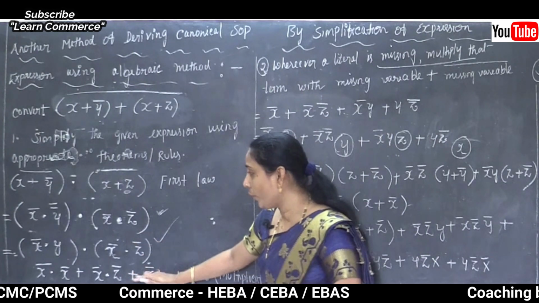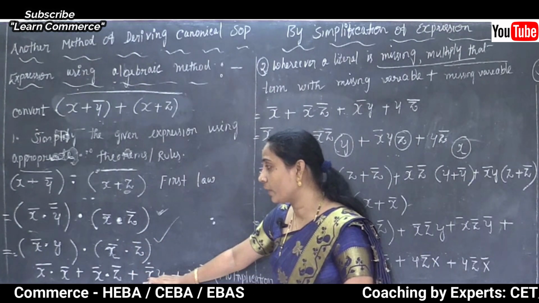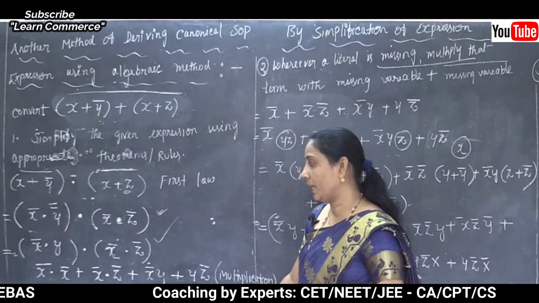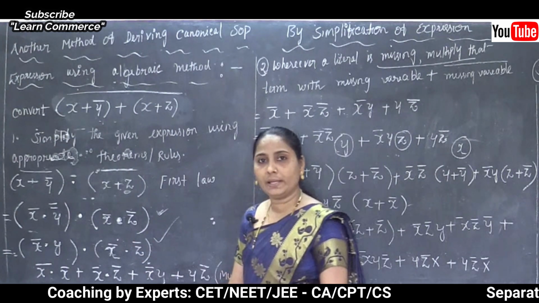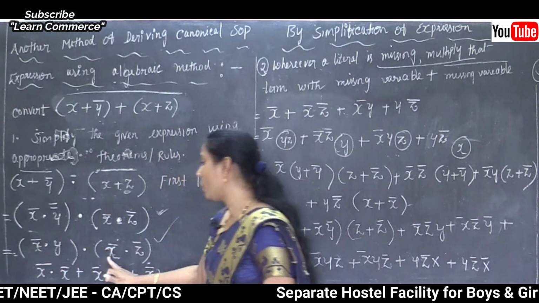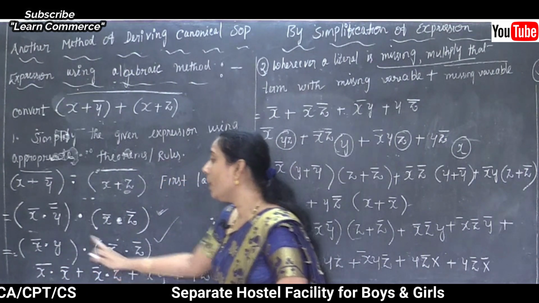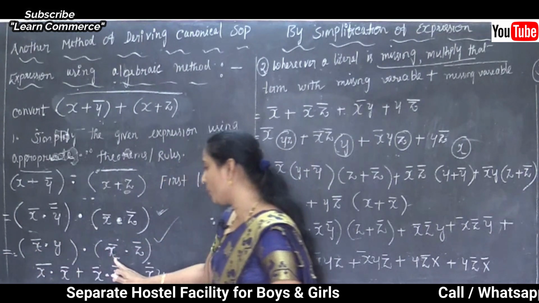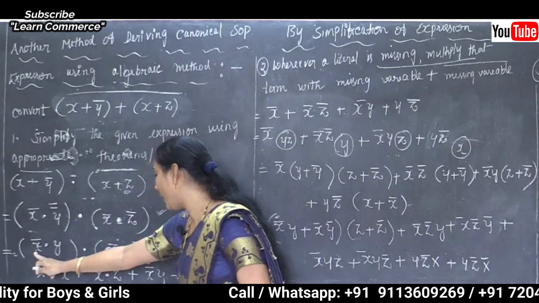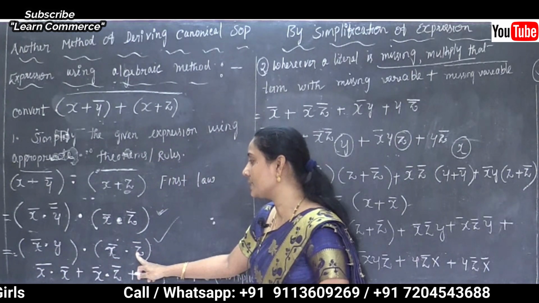So before writing our next line, I am going to multiply between the variables. How am I using it? So x, complement of x and complement of x, clear this point, complement of x and complement of x here. Later, next one is complement of x and complement of z here.